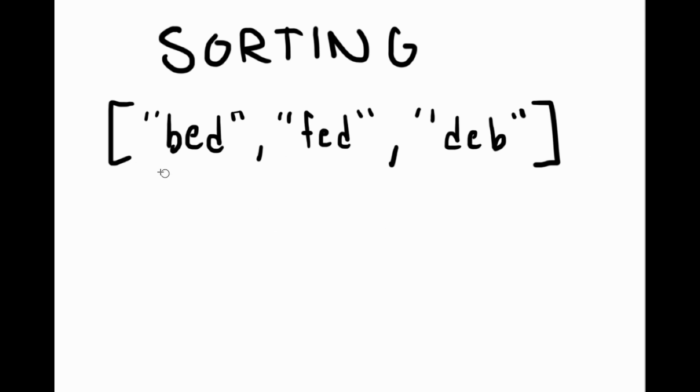With our sorting approach, what we're going to do is take every single string and sort it. So bed will turn into bde, and this will serve as our key in our dictionary.